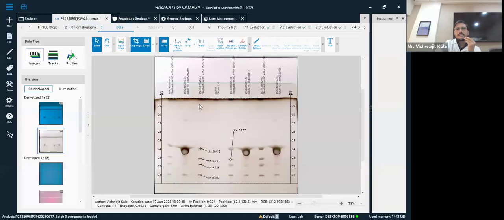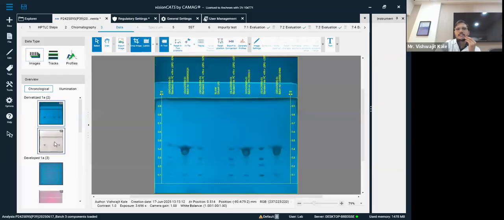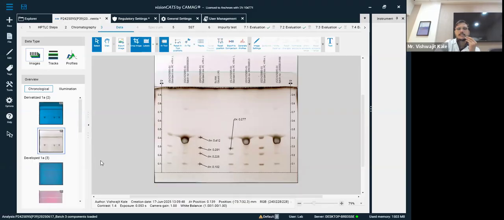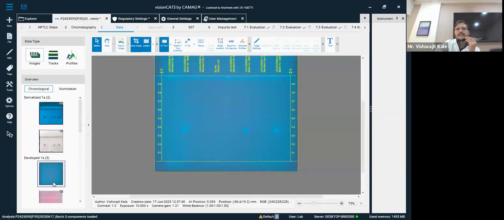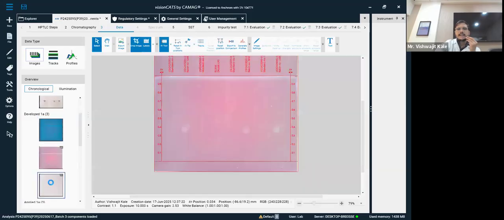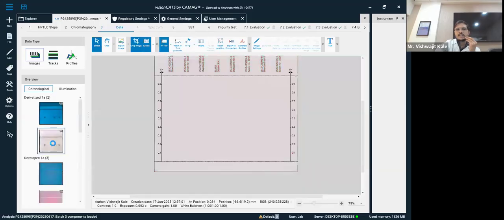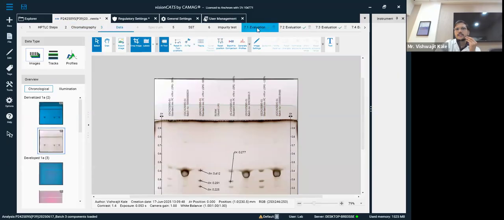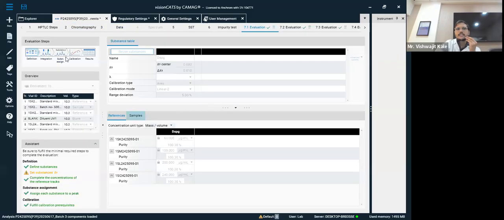So huge data we are getting from one simple HPTLC analysis: plate images under different illuminations for R&D purpose or under single illumination as per requirement of QC laboratory, before development and before derivatization images, and after derivatization images, after derivatization with copper sulfate reagent, and then further chromatograms in evaluation tab.